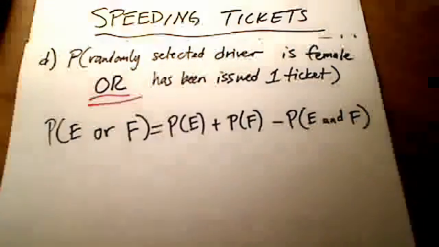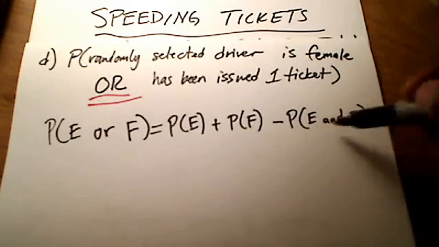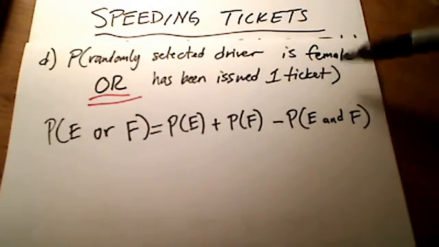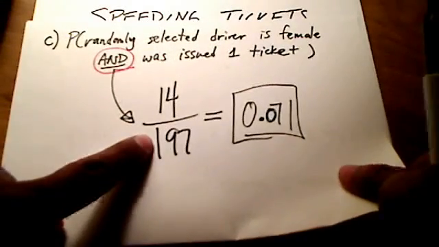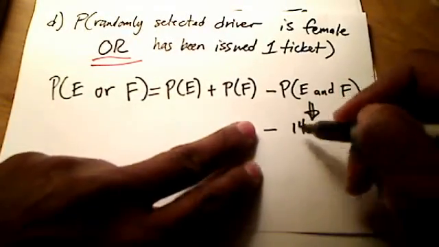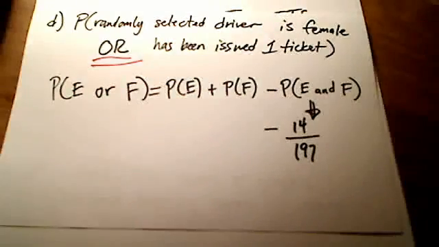Do we already know where E and F overlap? In our case, female and issued one ticket? Actually, we do. We just figured that out in the previous problem. It was 14 over 197.